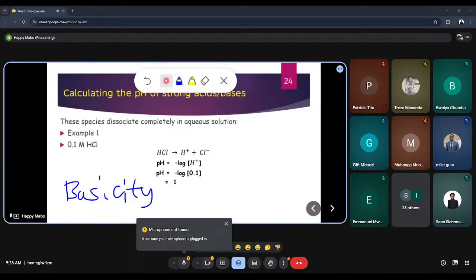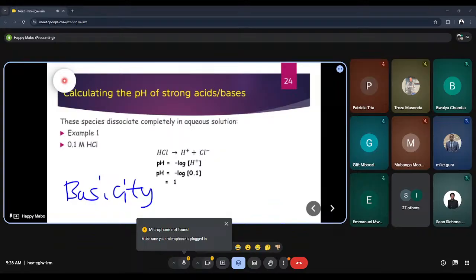Basicity was defined as the number of replaceable hydrogen ions that an acid has. Do not think of it as referring to something being a base. No. Basicity refers to the number of hydrogen ions that an acid has.